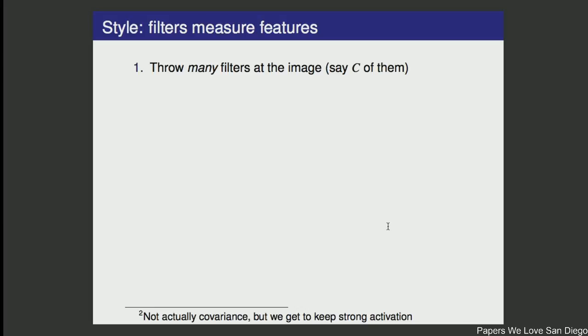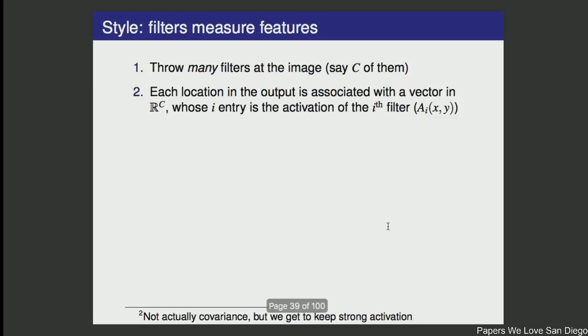You can construct those filters by hand if you wanted to, and you can pass each of them over the image. If you had C of them, say 100, the output would be 100 new arrays. At each location in the original image, we essentially have the activation of each of the filters we picked out at that location.